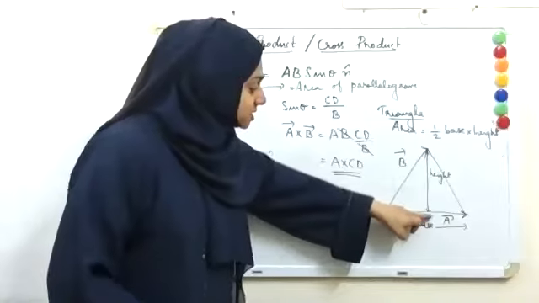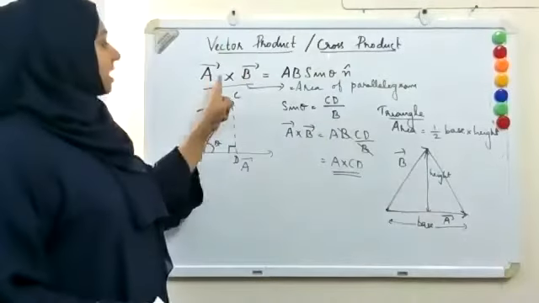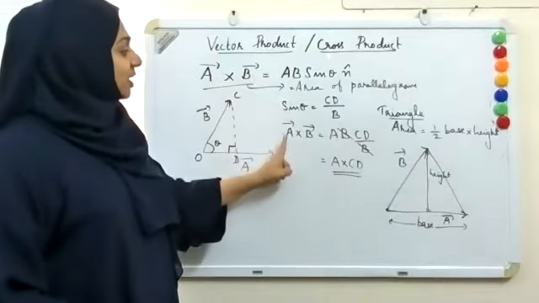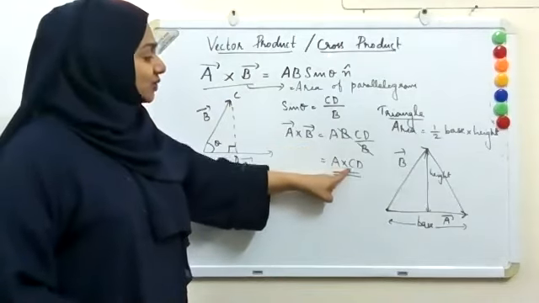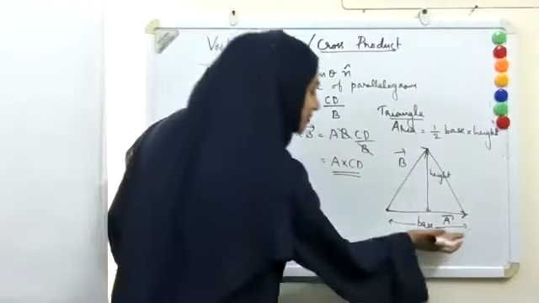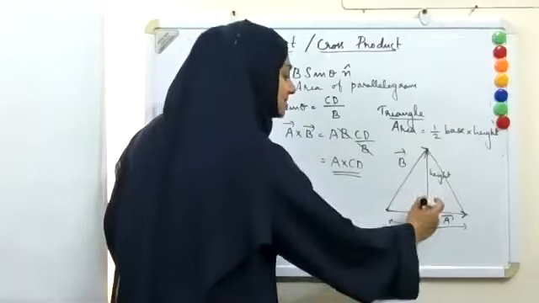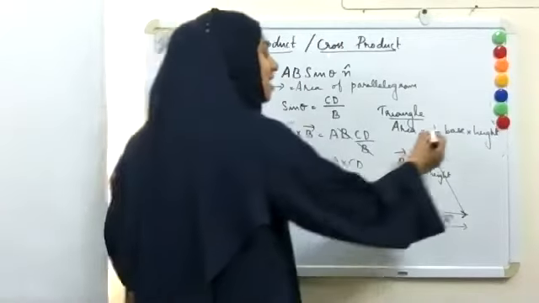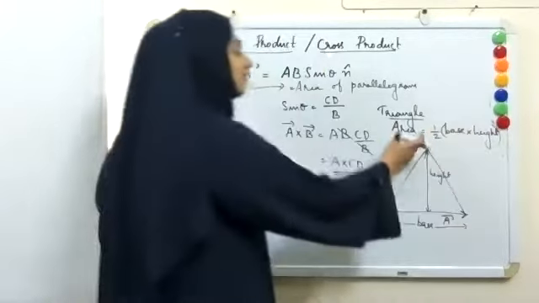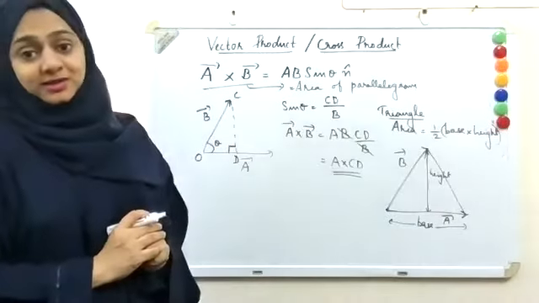Then if this is A and this is B, A cross B is equal to A into CD, right? That means base into height. So you can tell that half into A cross B will give you the area of a triangle.